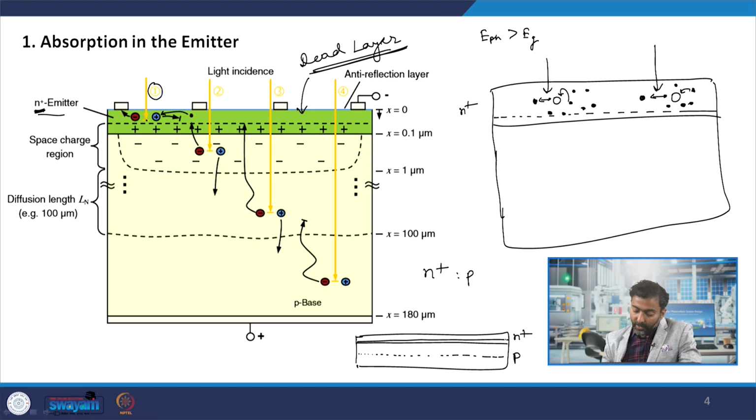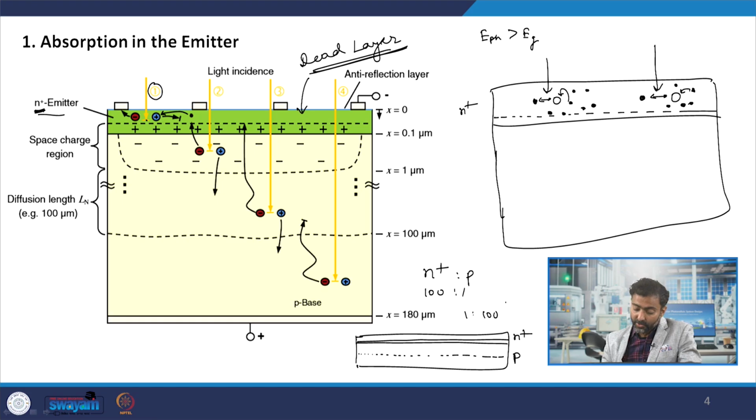And by this phenomena I am ensuring that my n plus emitter need not be much thicker in depth. I can have a very thin layer of n plus emitter, and out of that thin layer, an even thinner layer will have a sufficient number of electrons that can diffuse to the p side and occupy an equivalent number of holes. As I already mentioned, if my doping ratio is 100:1, then my depth ratio would be just the opposite, 1:100.